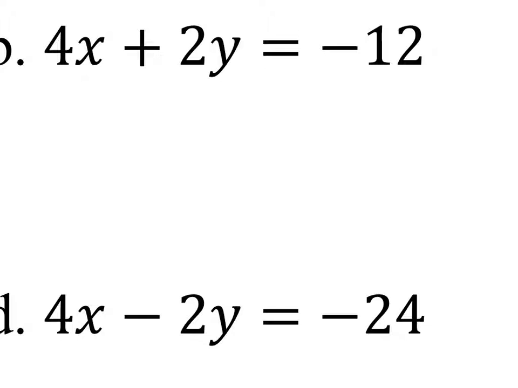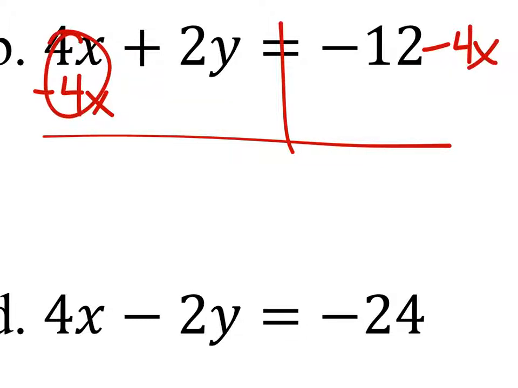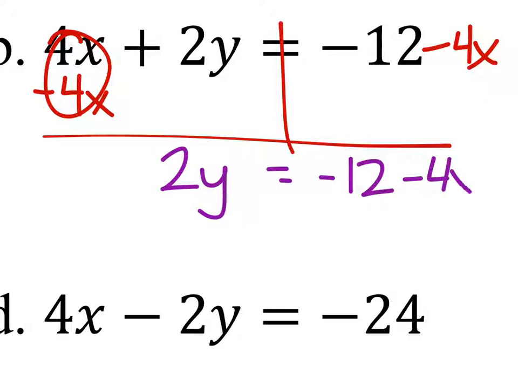All right, B. Same idea on these. We got the 4x being added to the 2y. If we could make it a 0, then all the better. Okay, so this does become a 0 right here by subtracting 4x. And then we got 2y equals negative 12 minus 4x.